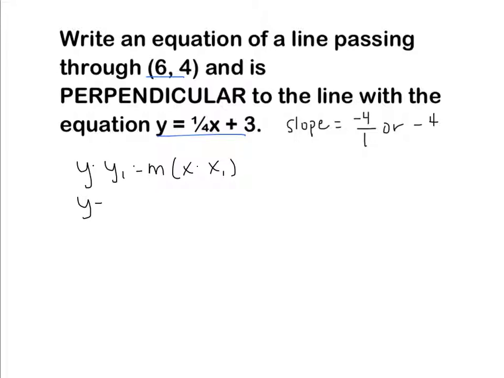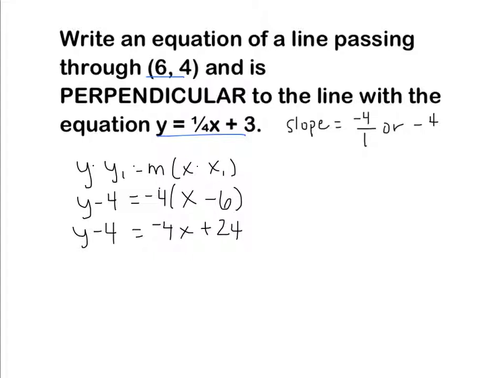Y minus the y value, which is 4, equals the slope, which of the perpendicular line will be negative 4, times x minus 6. Now I'll distribute the negative 4: negative 4x, negative 4 times negative 6 will end up being positive 24, and on the left side I still have y minus 4.